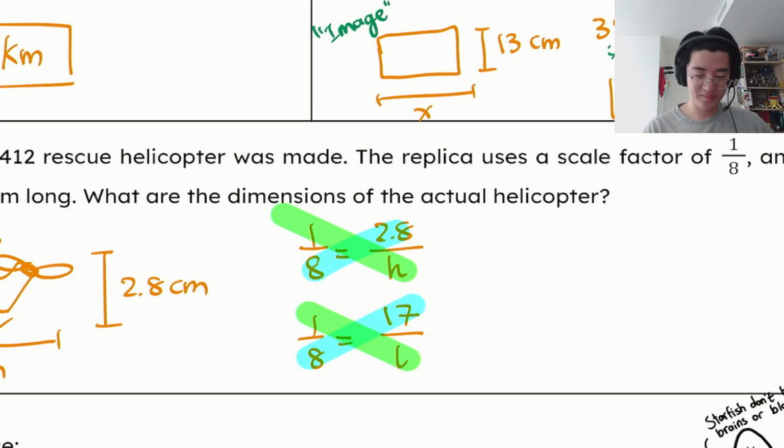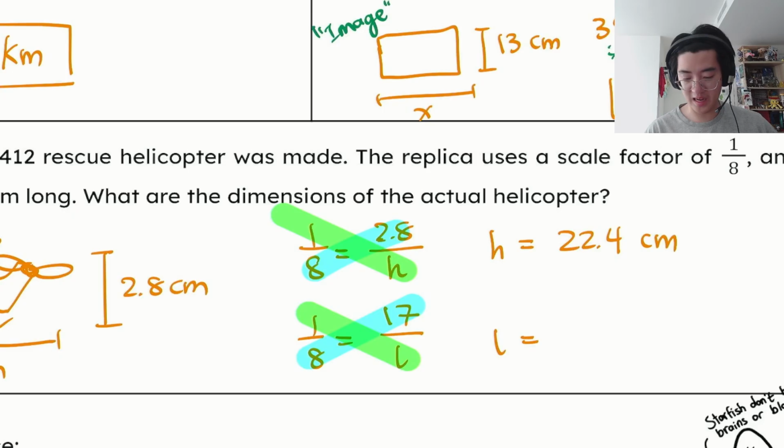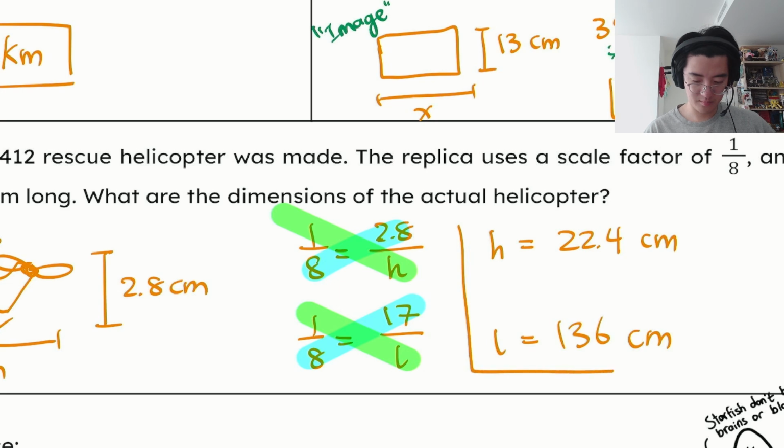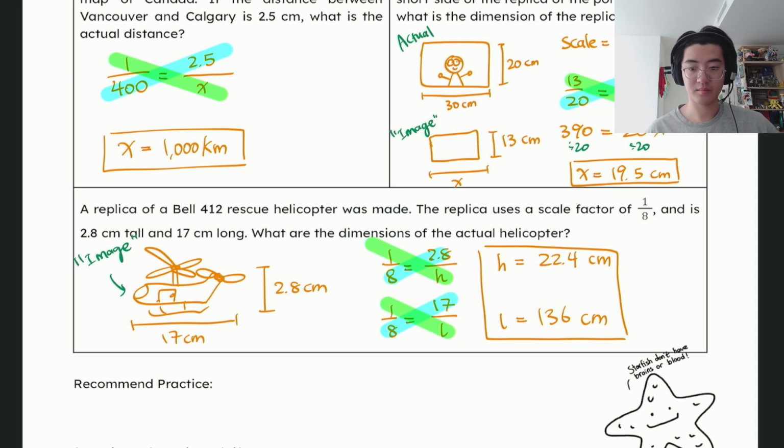So we just have 1 times h is h. 8 times 2.8 is 22.4 centimeters. Remember the units. Length is just 1 times L is just L. 8 times 17 is 136. Right, just like that.